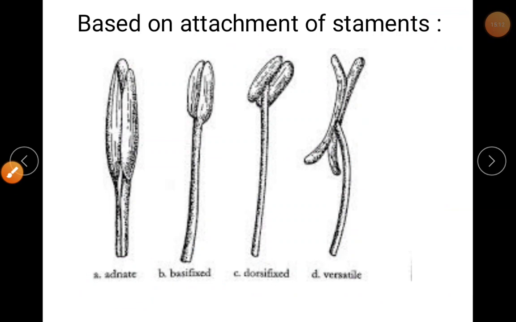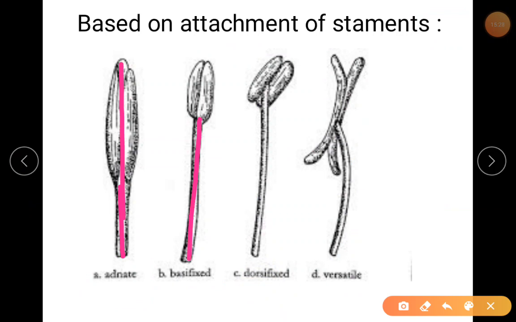So I'll repeat again. The filament attached throughout the anther from the tip till the base, okay, that is called as adnate. Basifixed, from the base of the anther the filament gets attached.